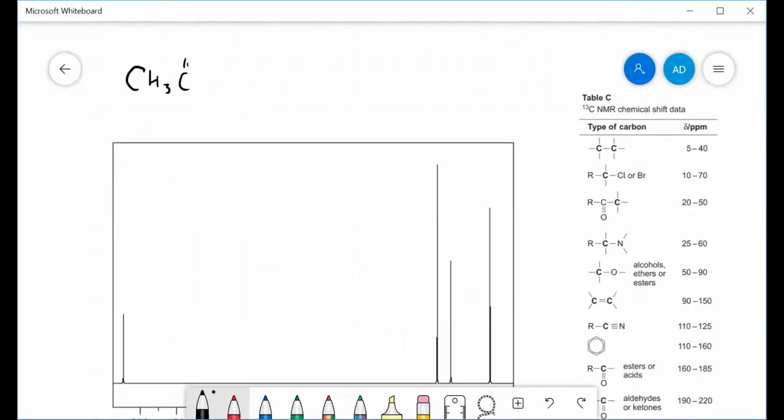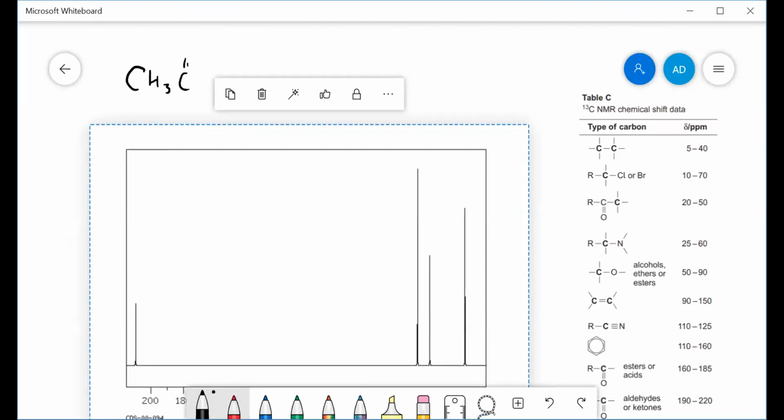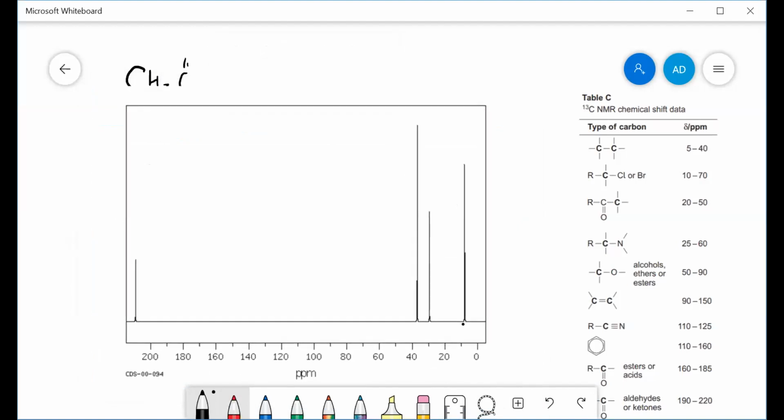That's better. Okay, butane-2-one. Obviously the one at 210 is the aldehyde or ketone carbonyl, very high.